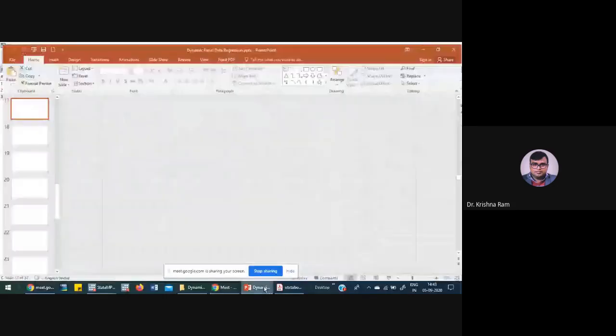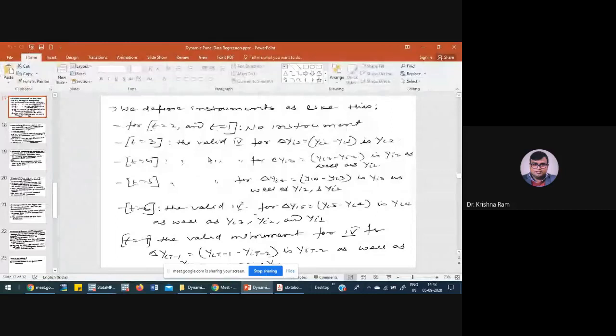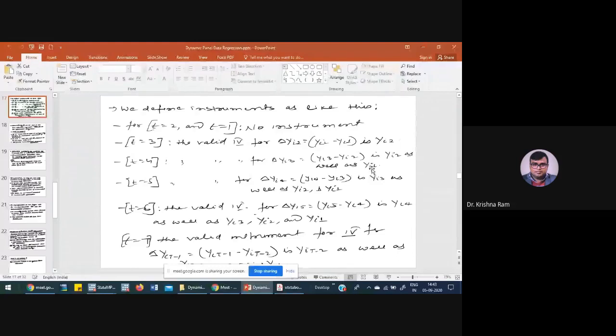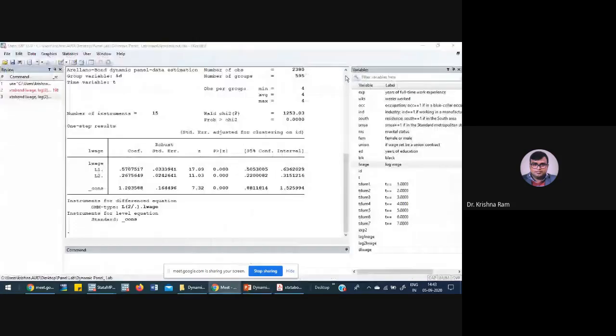And how we construct an instrument, for that we'll take the help of this particular slide. For period 4, from which our dataset is starting, of course, then for period 5, 3 instruments, for 6, 4 instruments, and for 7, 5 instruments. So the total instruments become 14, and one is the intercept, so the total is 15.